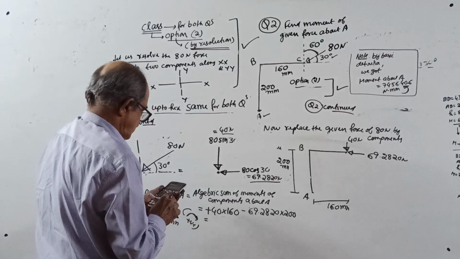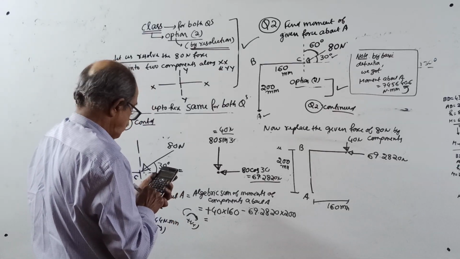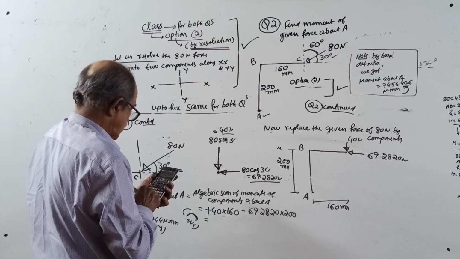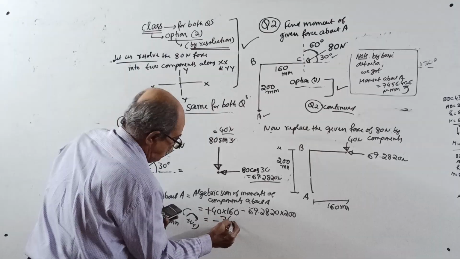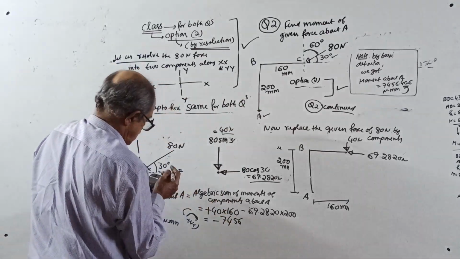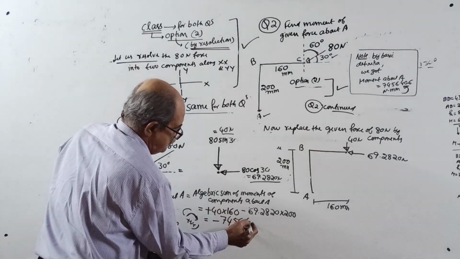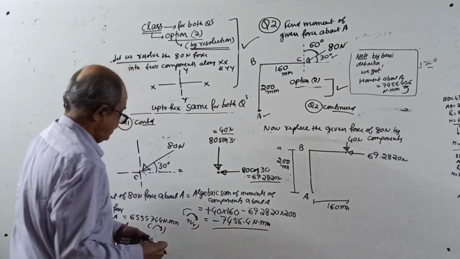When you calculate, I'll check it. 40 into 160 minus 69.2820 into 200 comes to negative, minus 7456.4 Newton millimeter. This answer I got.